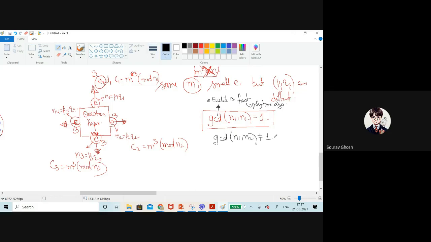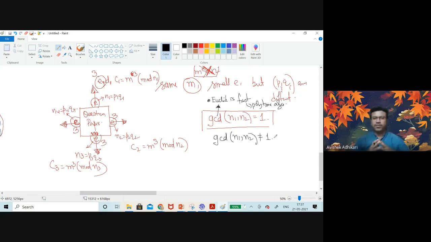I mean, we can calculate phi n. Very good. Suppose D is the GCD of N1 and N2, where N1 is P1 Q1 and N2 is P2 Q2. Now this D is not equal to 1. What does it mean?